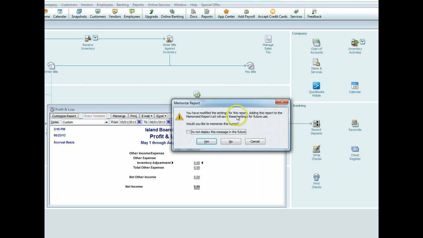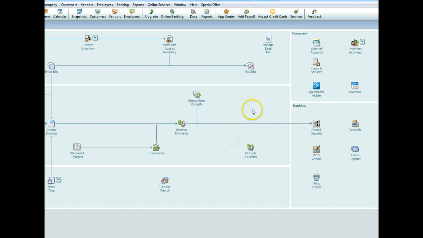Good. I don't want to ever leave any money in that. It's just a way to get around a problem in QuickBooks itself. QuickBooks does not have, I understand that they're working on a feature, but they made it difficult to account for inventory.